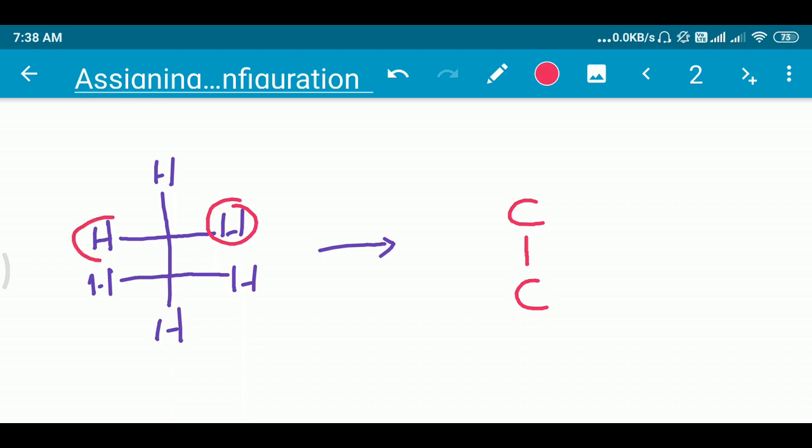These two horizontal bonds should be drawn as wedge representation.